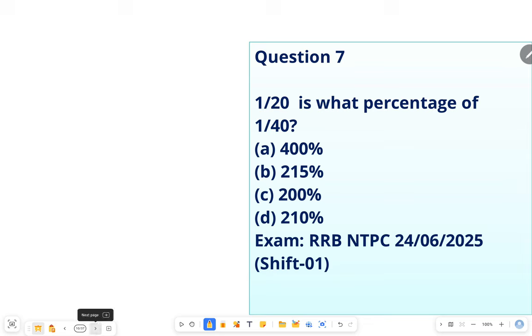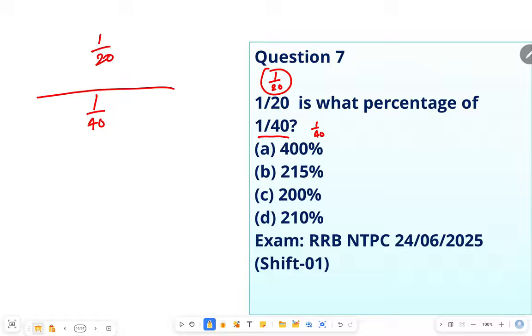The next question we have here is very simple. This question is written in the form of 1/20th and 1/40th, right? So now it is asking what percent 1/20th is of 1/40th. So we all know that 1/40 is going to be in the base, and then it is asking me to compare with this, so this will be here.